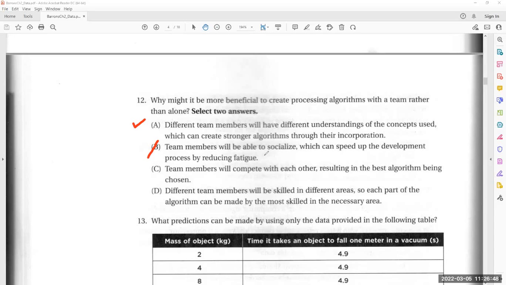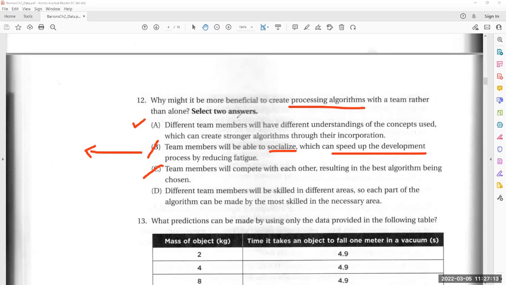Why doesn't B help? Because socialization doesn't help you to do coding. It doesn't help you to do the algorithm. Let's go to the coffee room or kitchen and have a cup of coffee for 10 hours. Can that speed up your development?